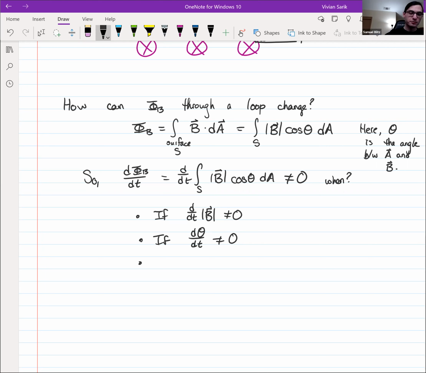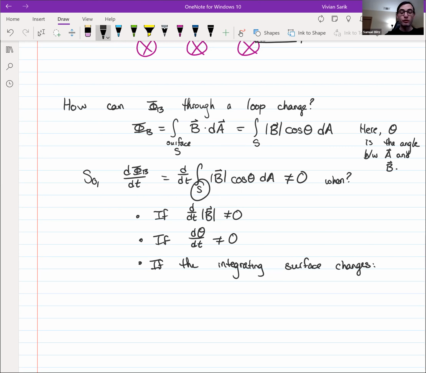Another way, if the integrating surface changes. So this one's a little bit less straightforward, but the idea is you're looking at what could change in this expression, right? So you could have the angle change, you could have the magnitude of the magnetic field change, but you could also have that the region you're integrating over is changing.